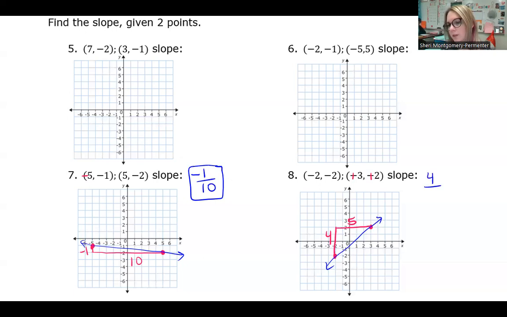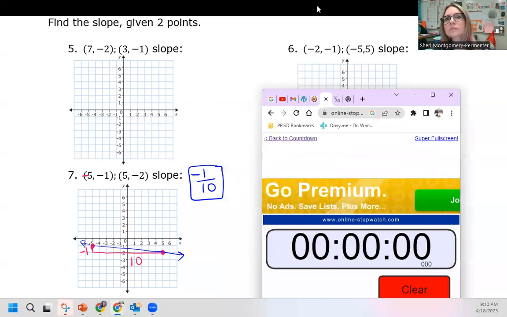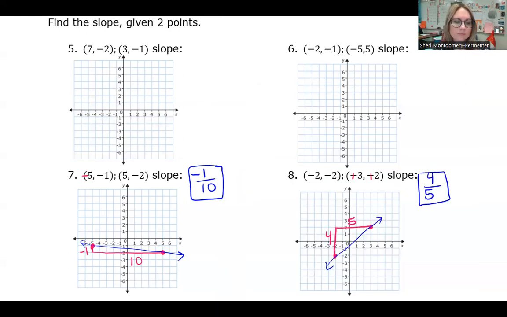So up 4 and over 5. Does that reduce? No. Okay, I will give you a couple of minutes to do the other 2.